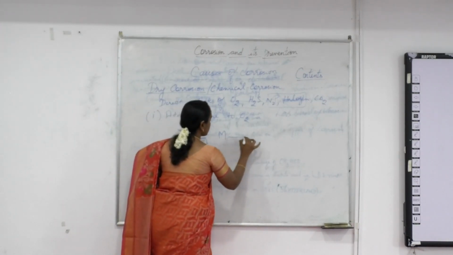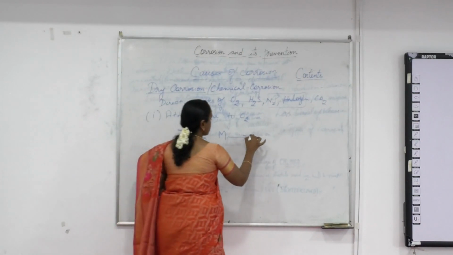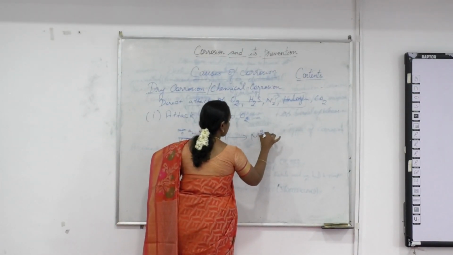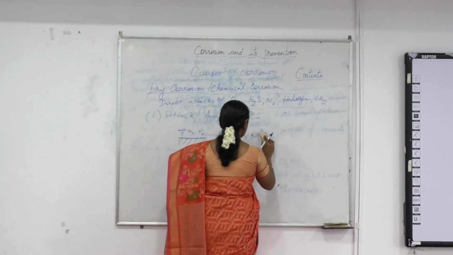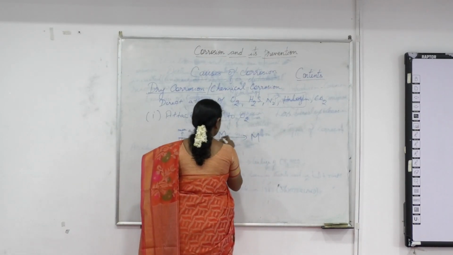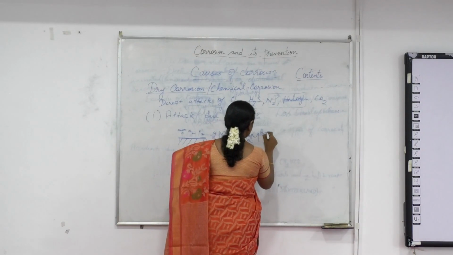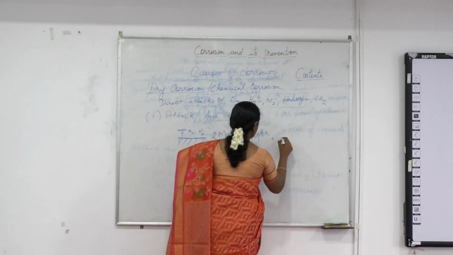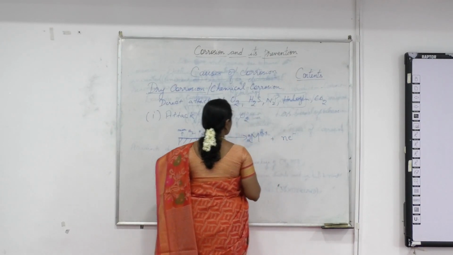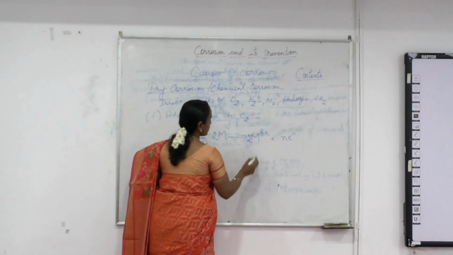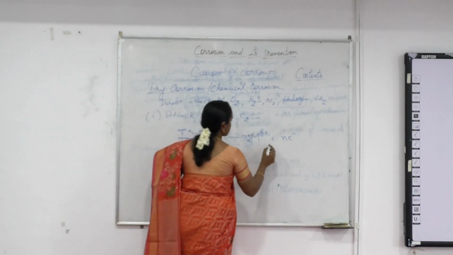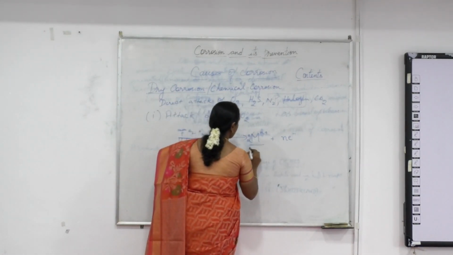Metal will become metal ion. The metal is losing electrons and forming metal ion.